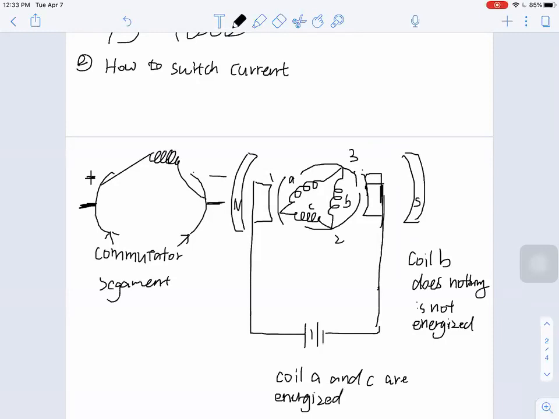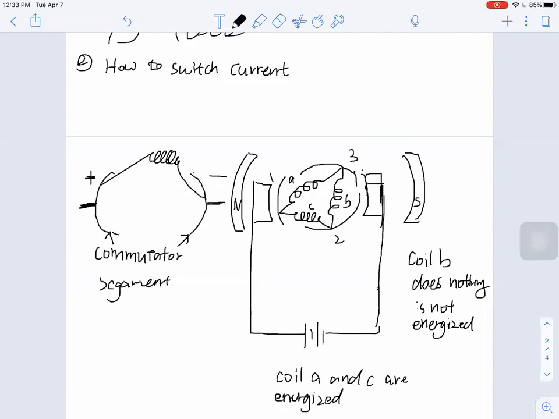So in a real motor design, you can have much more than 3 coils and more than 3 commutator segments. And this is how a brushed DC motor changes the direction of current flow in order to create a positive torque.